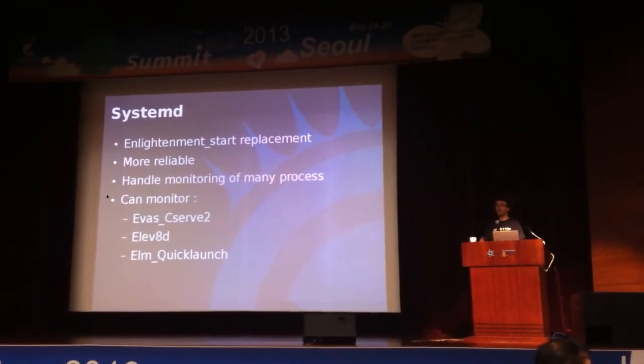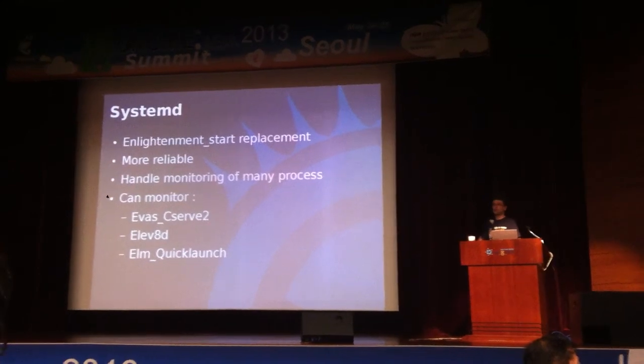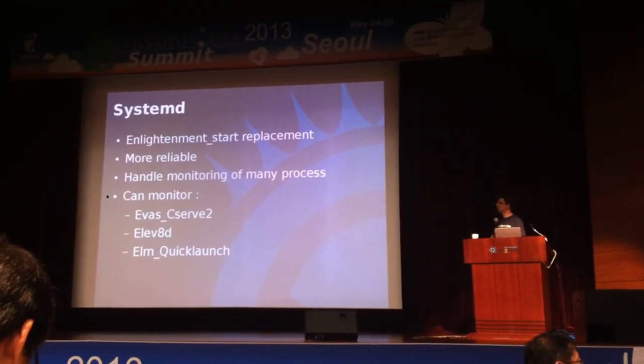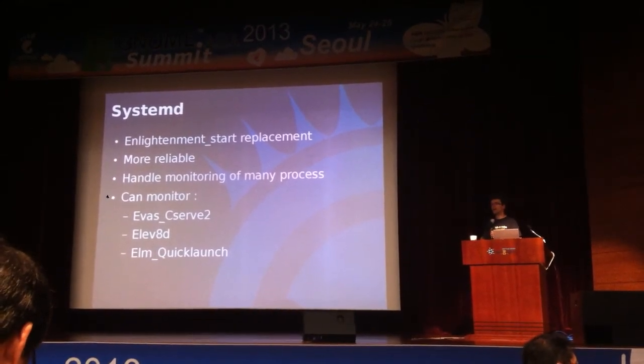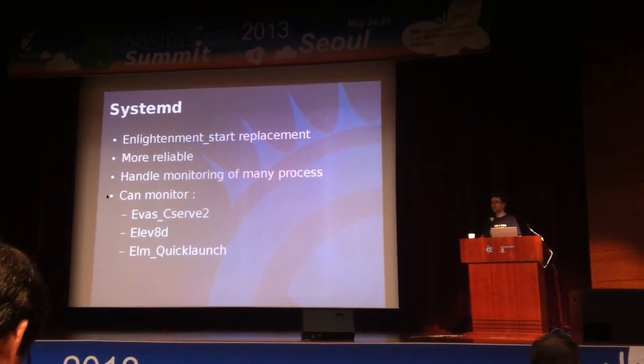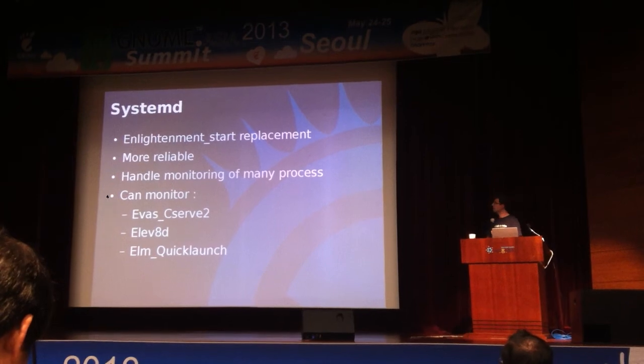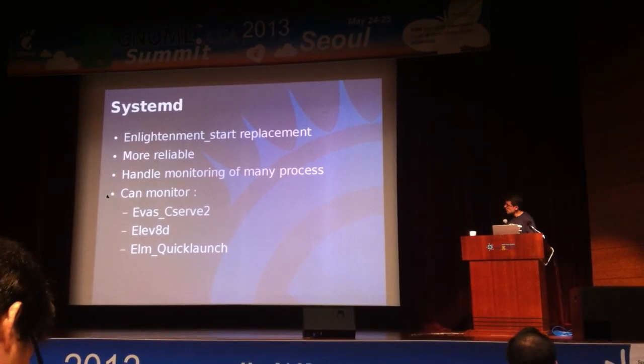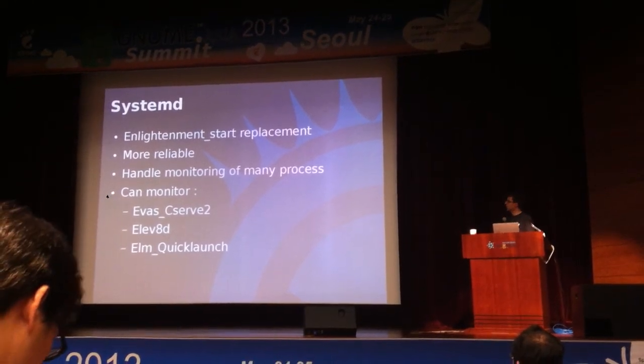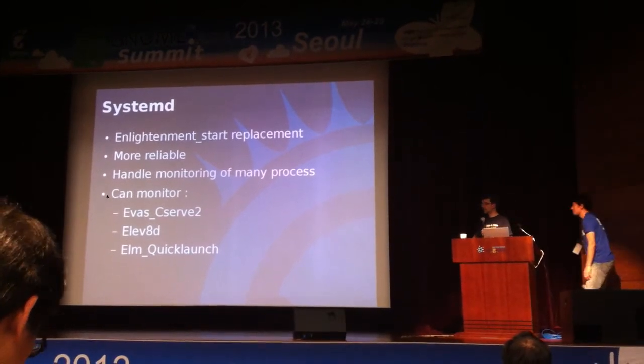We still continue to support this way of doing things because we need to. But at least with systemd we have something that is way more reliable. And we have a lot more features that come for free. We don't have to do anything to get a watchdog, for example. And that is kind of cool. It also enabled us to monitor many more things.